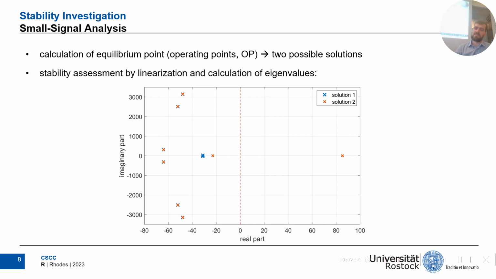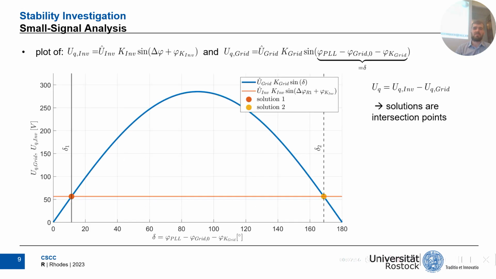And we can go into a little more detail with the two parts of the signal UQ. They are plotted here. At first, this blue part is a sinusoid part that depends on the grid voltage, and the constant part in red is the part that depends on the inverter voltage.